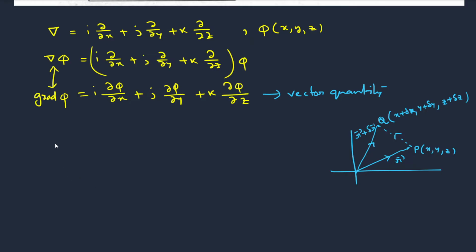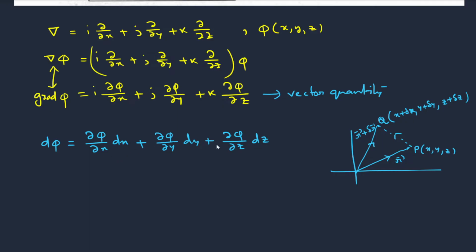Now see, d phi can be written like this: del phi/del x dx plus del phi/del y dy plus del phi/del z dz. We wrote this relation earlier for the scalar point function, if phi is a function of x, y, z.